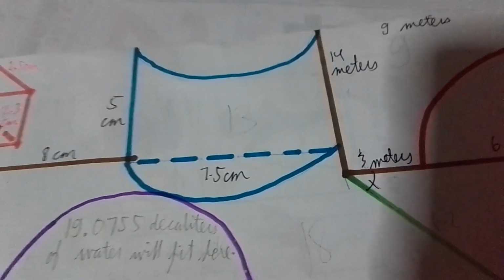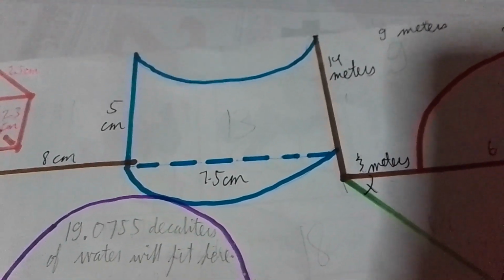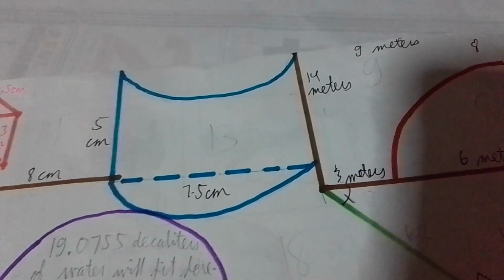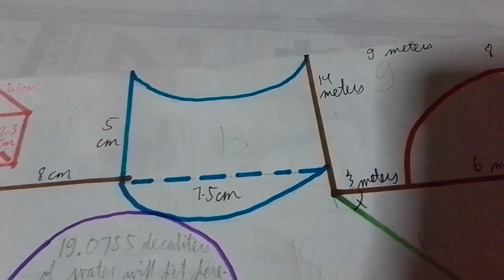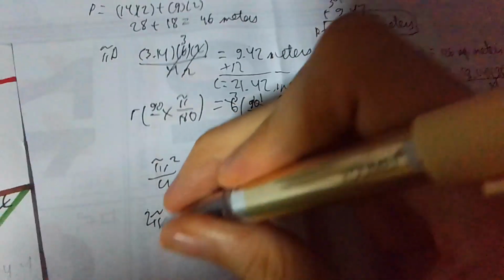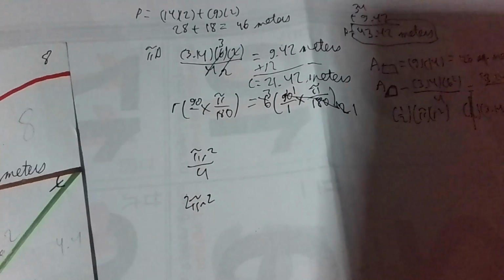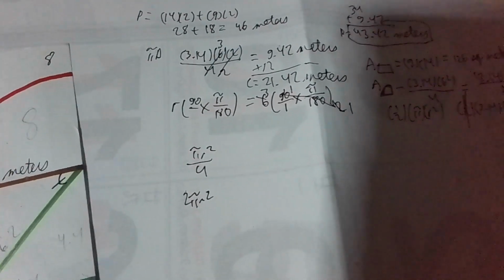For the surface area, this could be a bit tricky. But here's the catch. It's just like what you did when you solved for the surface area of a literal, whole cylinder. Do you know the formula? The formula goes like this. Remember 2 pi r squared. What does 2 pi r squared mean? Pi times r squared means the area of one whole circle.